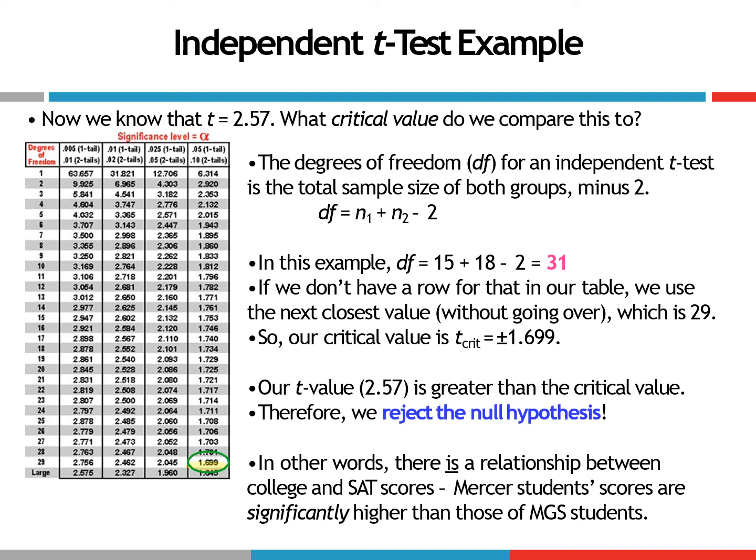So in this example, our degrees of freedom for each of the samples were 15 and 18. The respective sample sizes were 15 and 18, and then we subtract 2, and we get 31, okay?